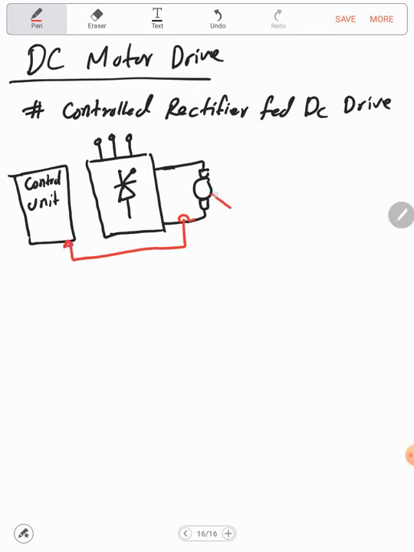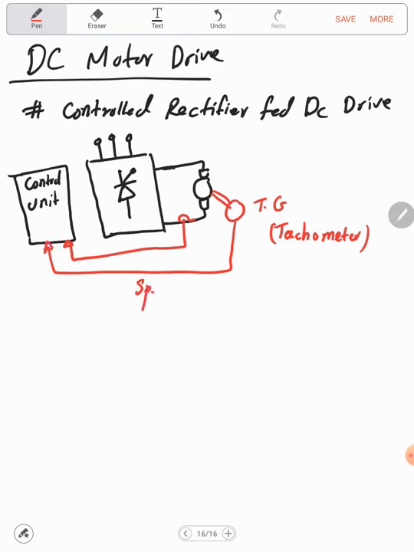And here we can use a tacho generator, which can be seen as a permanent magnet DC generator, for example, or a permanent magnet DC machine. This is the tachometer, or speed sensor, and this will be the speed information. So here is the speed, and this is the current.